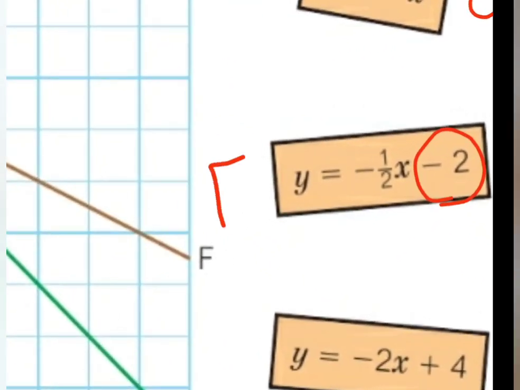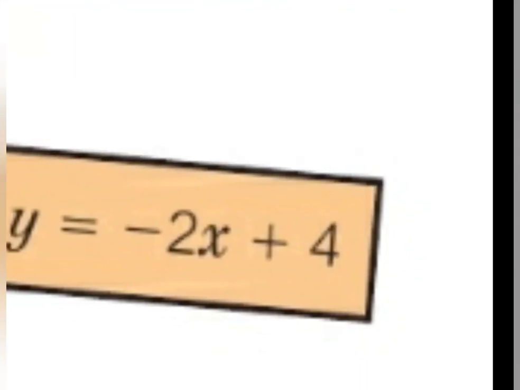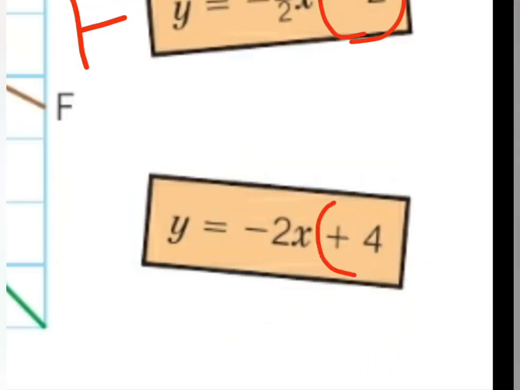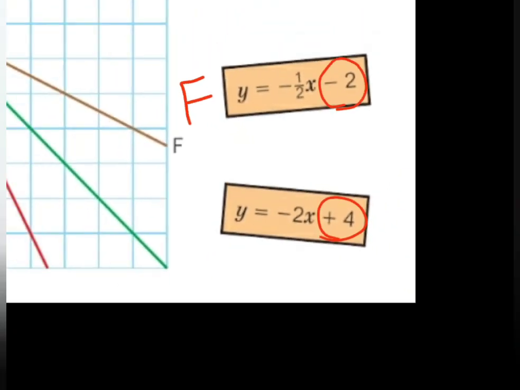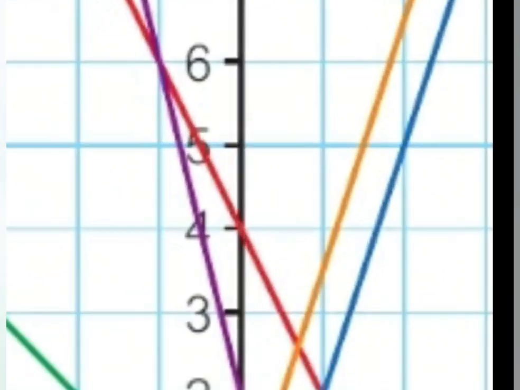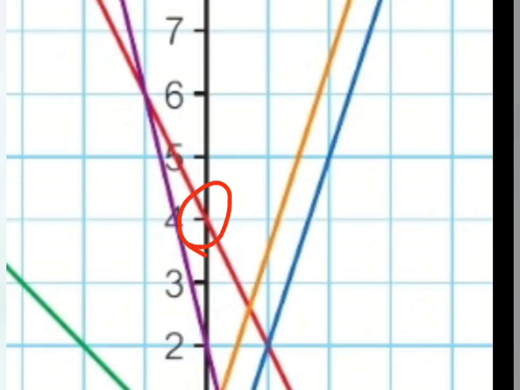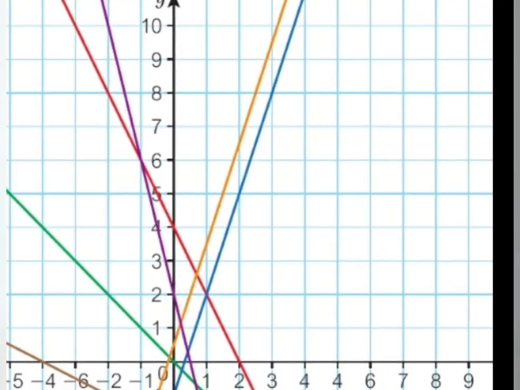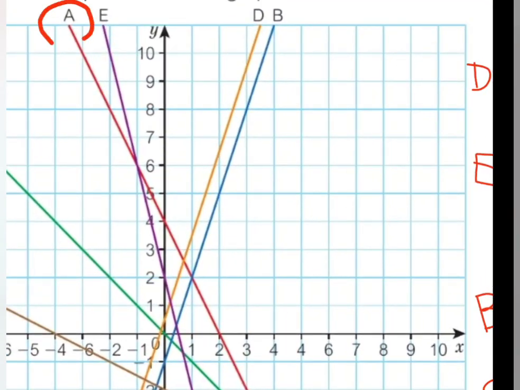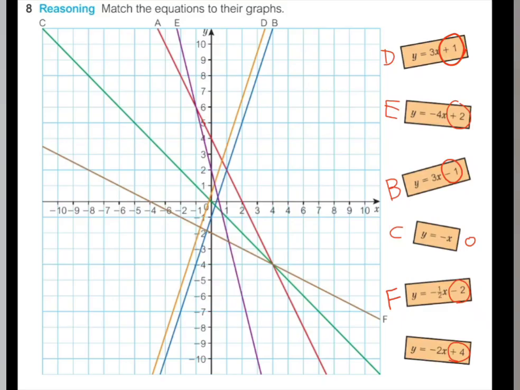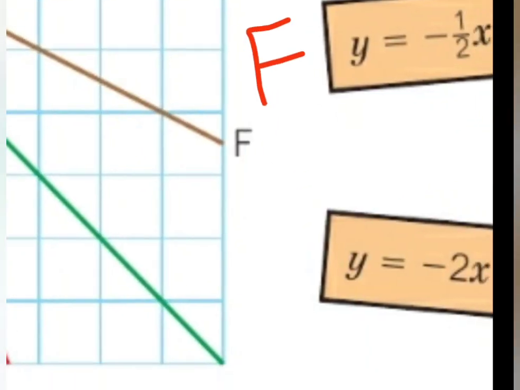Very good. Now the last one is what? Very good. It's +4. Now the line that crosses +4 on the y-axis is, very good, the red line. Now let's take a look at the red line. Very good. It's A. Now I will write A here.